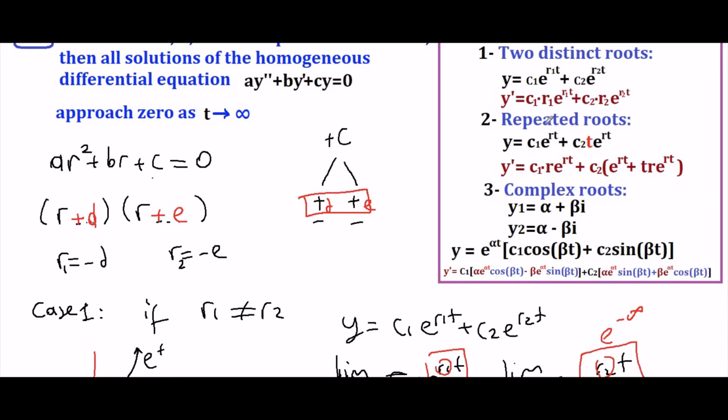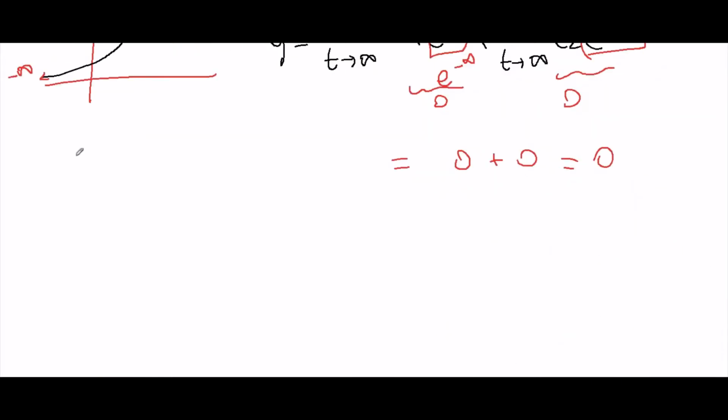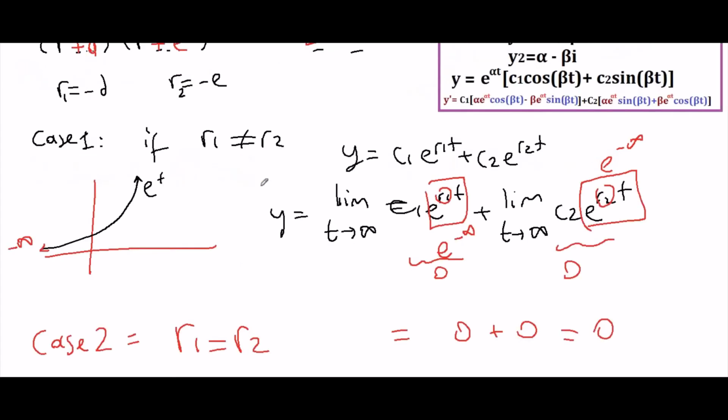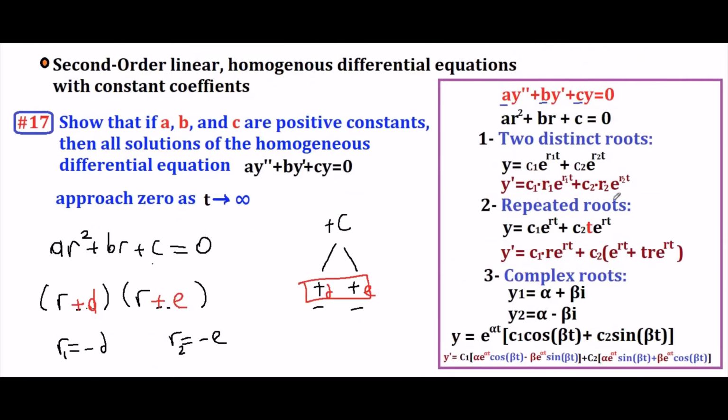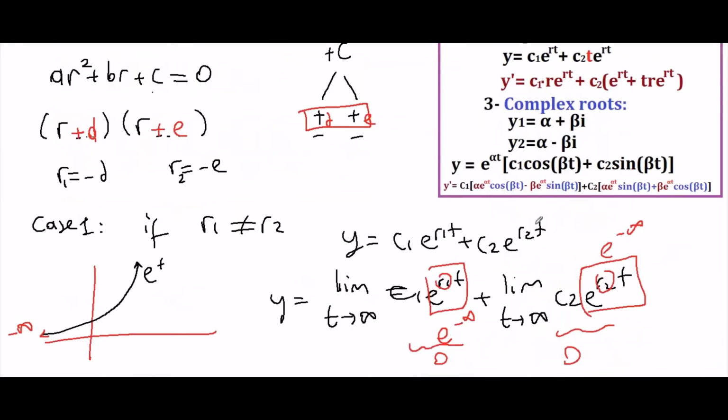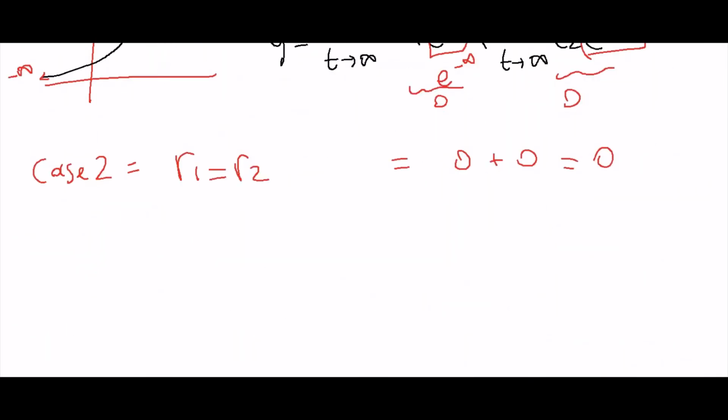Let's go to case 2. In case 2, we assume that our r1 value equals r2 value. So that's the repeated roots. If it is repeated roots, then we're going to use this equation: y equals c1 e to the rt plus c2 t e to the rt.